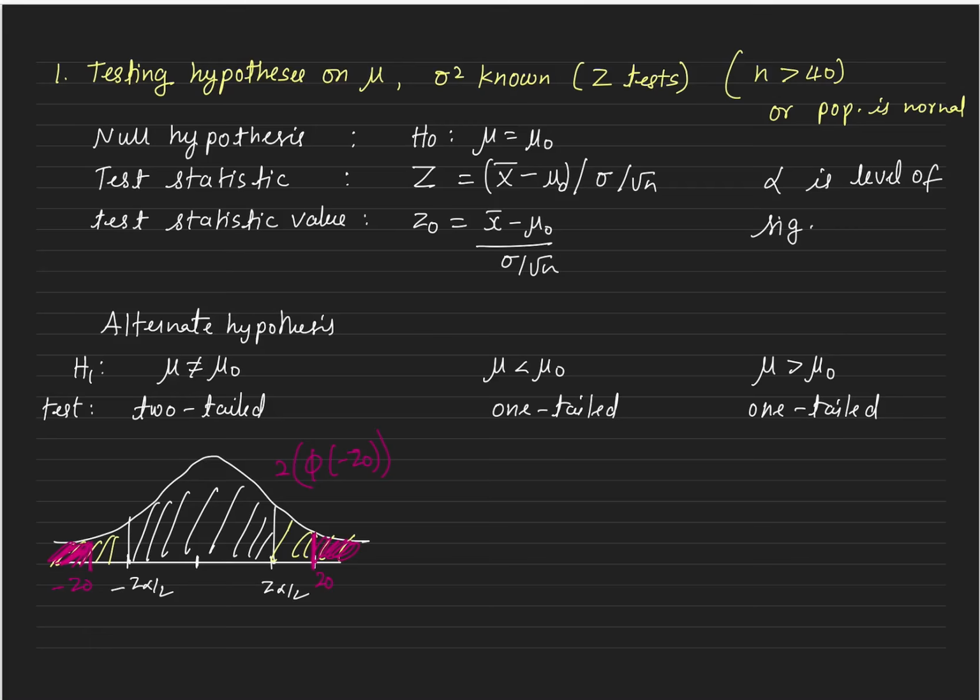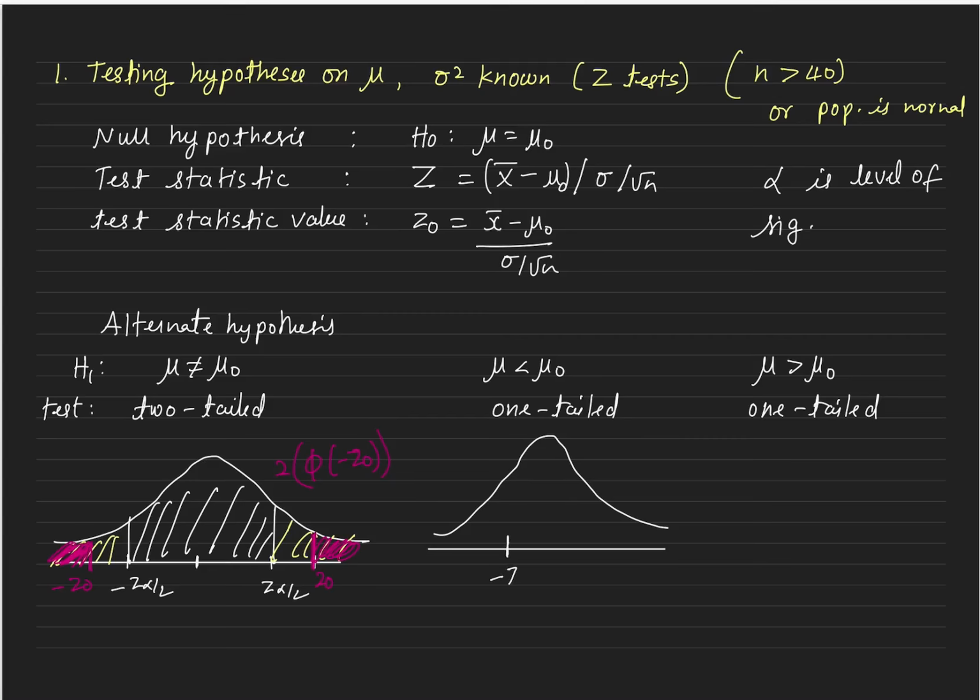Okay, in one-tailed test, this is mu less than mu naught. That is, we reject the null hypothesis if sample mean is significantly lesser than mu naught. And the critical value is minus Z alpha in this case.